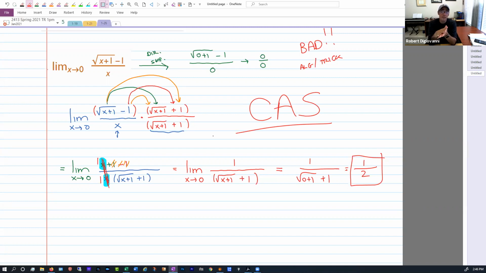Those are awesome calculators, but a lot of schools don't let you use those on tests. Even me, I think the syllabus says you can't use a CAS calculator on our tests. So to be safe, TI-84 is a relatively inexpensive calculator because you can find them used. That would get the job done. Okay, that works.